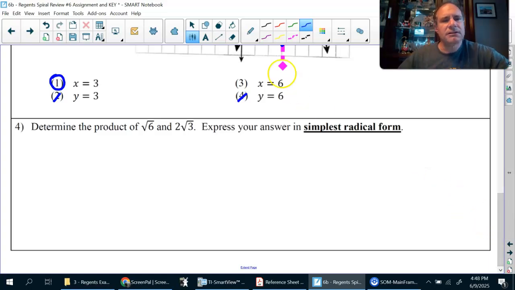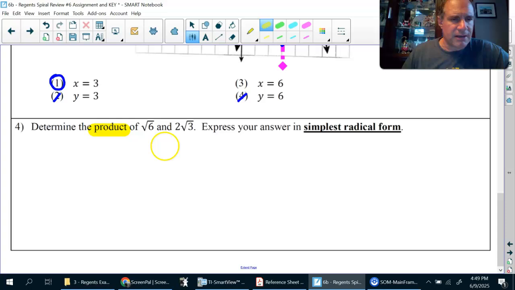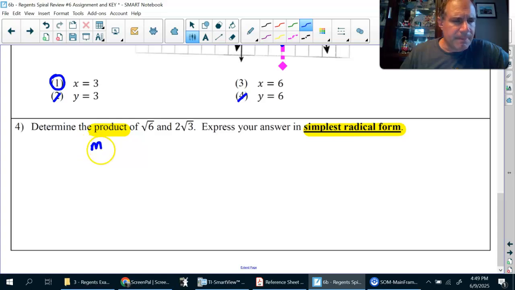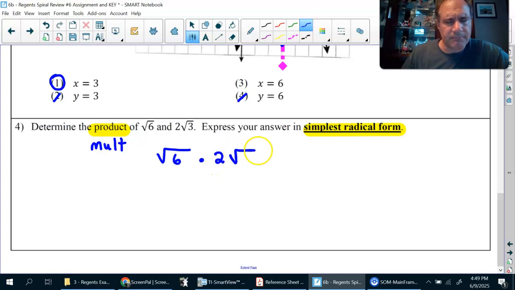Determine the product of square root of 6 and 2 square root of 3. So first off, we're seeing product there. That's multiplication. And they want it in simplest radical form. So remember, this is multiplication. So we're going to do square root of 6 times 2 square root of 3.